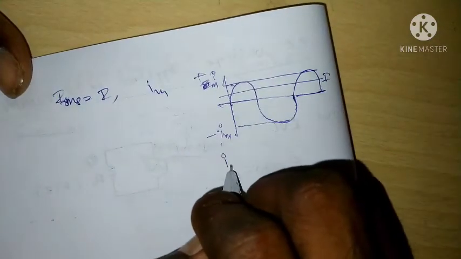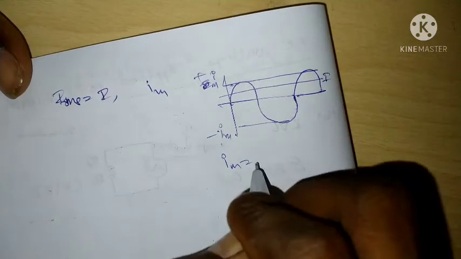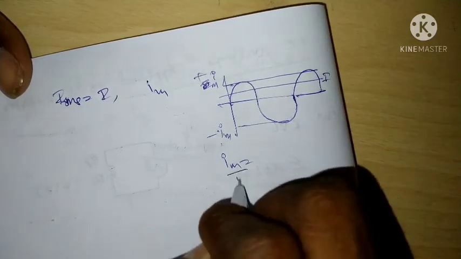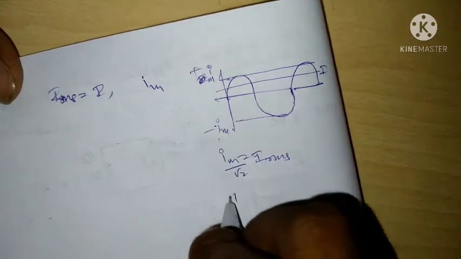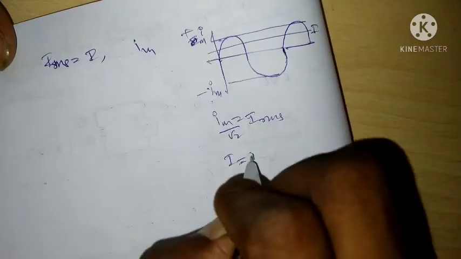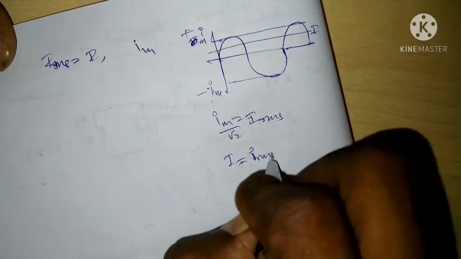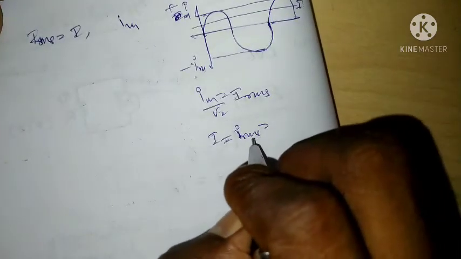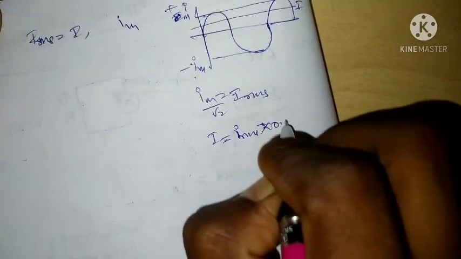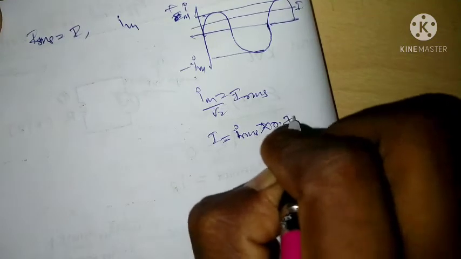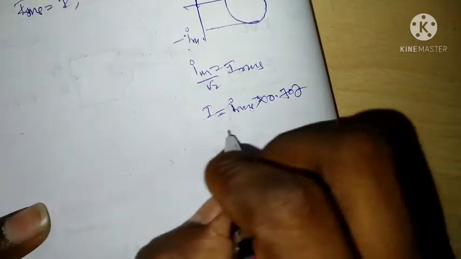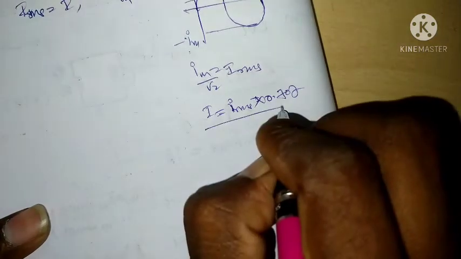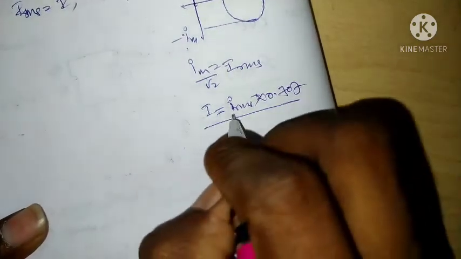Im by root 2 is equal to IRMS, that is IRMS is equal to Im into 0.707. That is the relation between IRMS and the maximum or peak current.